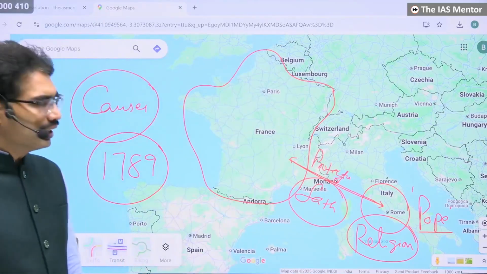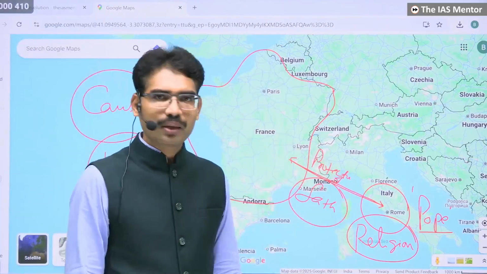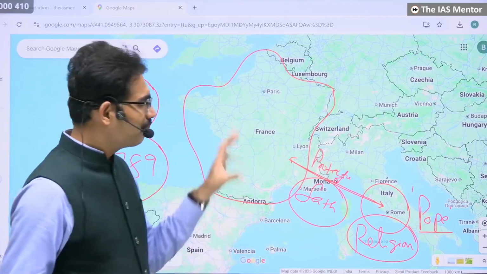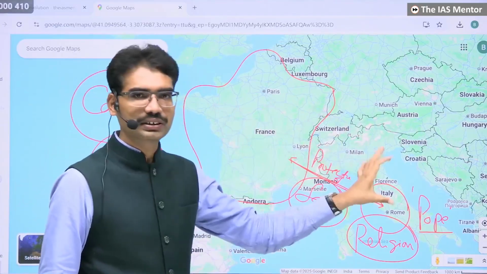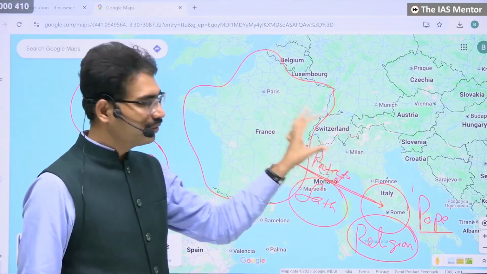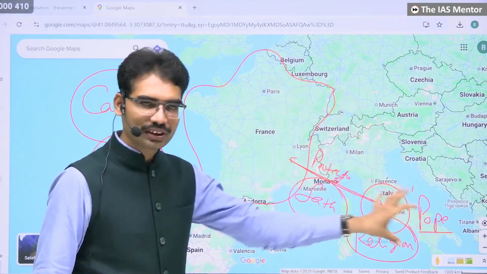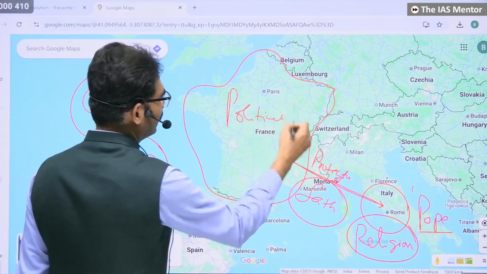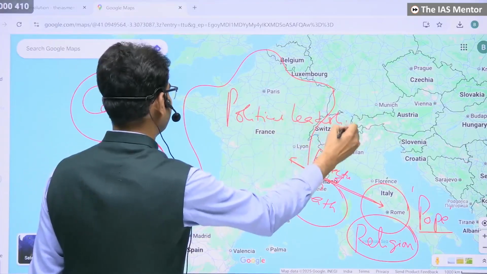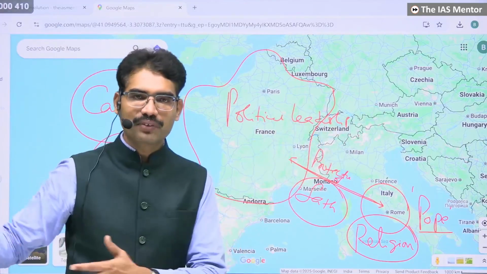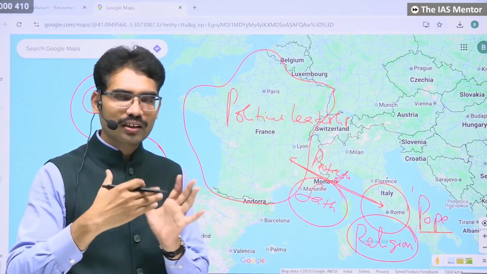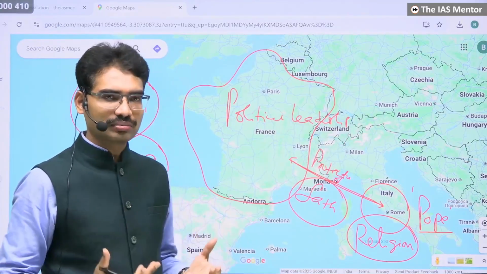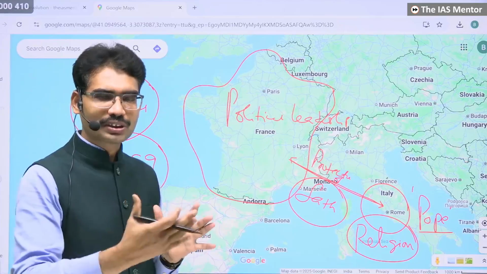This very unique relationship emerged. But ultimately their main motive is not to protect religion. The main motive is that, in the name of protecting religion, they want political leadership. We have seen in the previous video how the Treaty of Westphalia emerged, with the European Reformation and continuous conflicts.